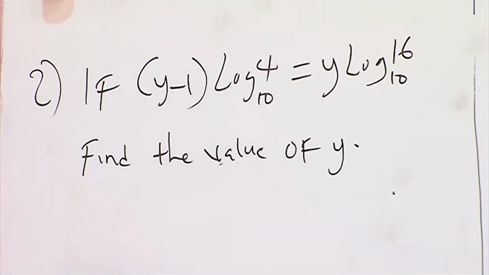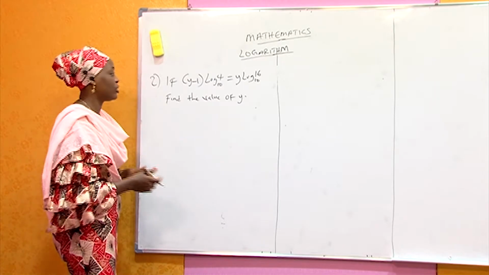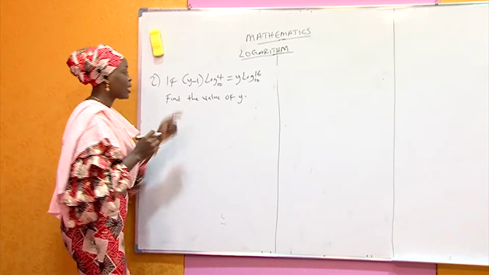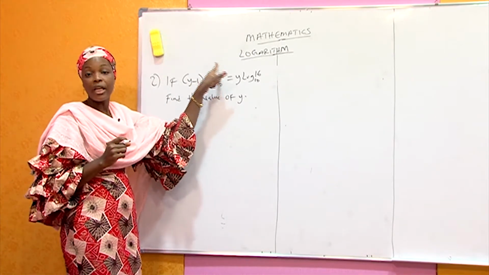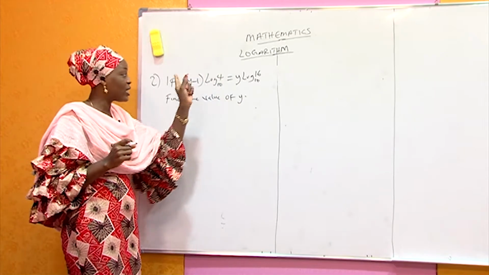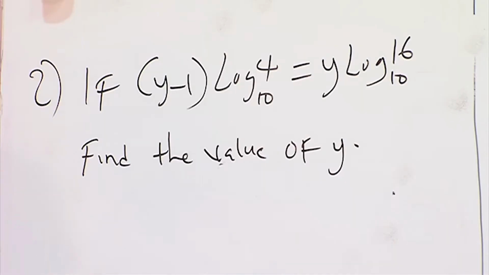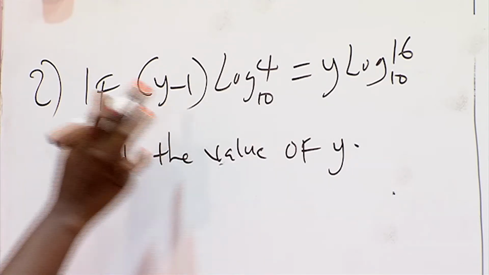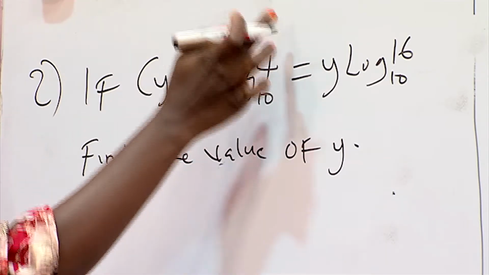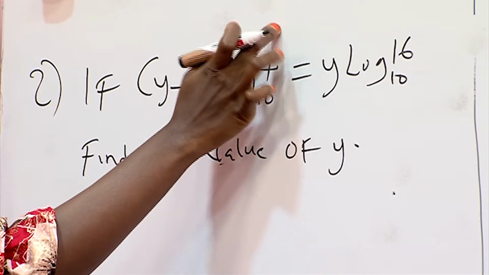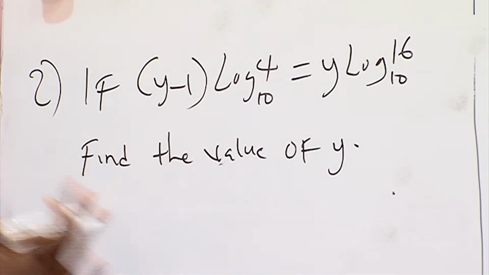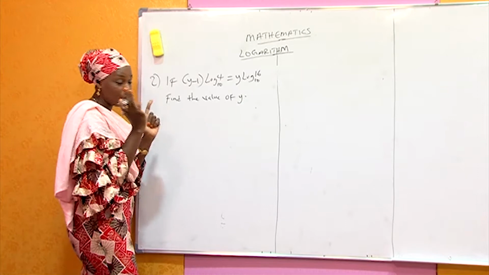Looking at this question, remember I told you that when you have a power in a logarithm, the power will be brought down to multiply the log. We can simply say that this y minus 1 was brought down from the power of this 4, so we can put them back to their previous position.